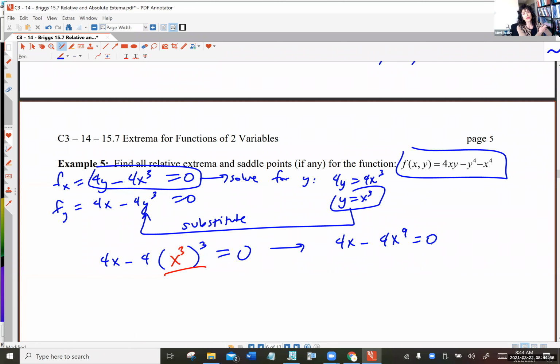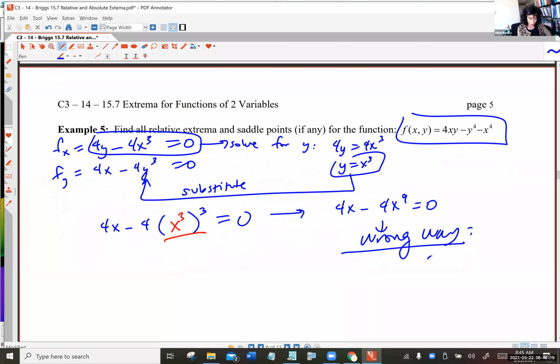Now, I want to show you the wrong way to do this, okay? Do not write this down. I want to show the wrong way because I see a lot of Calculus 3 students doing silly stuff like I'm about to do, and then they wonder why they get problems wrong. So here's what not to do. Please don't ever do this.